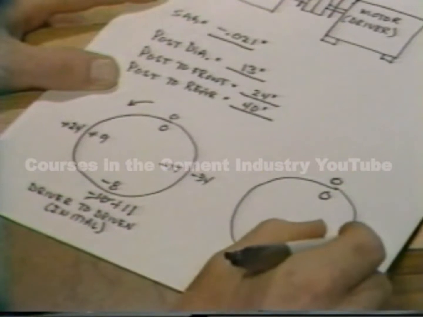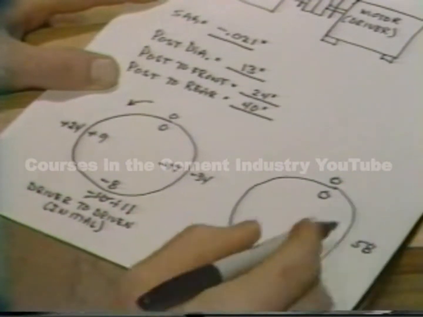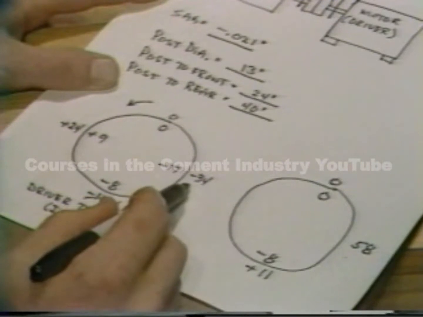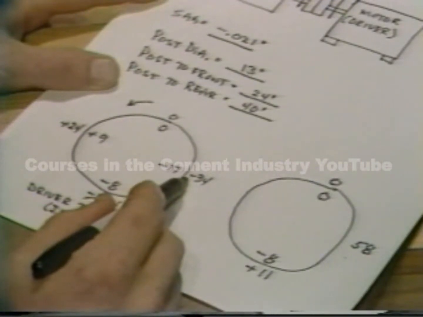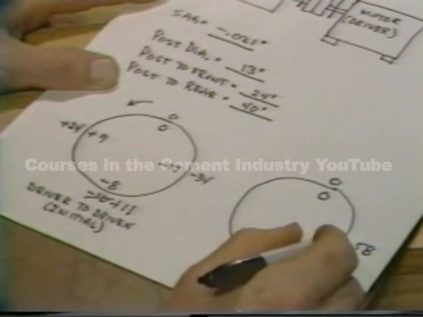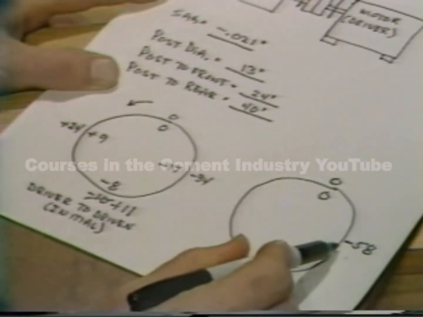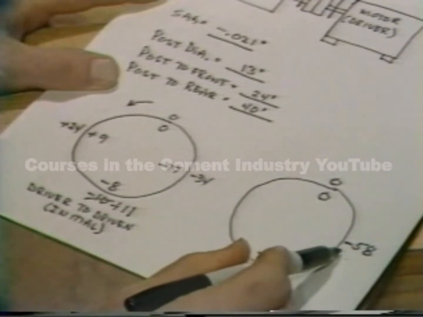The 58 goes on the side of the largest number, in this case where the 34 was. And the sign of the largest number, negative in our example, is given to the new number. So the result is negative 58, which of course means negative 58 thousandths of an inch.